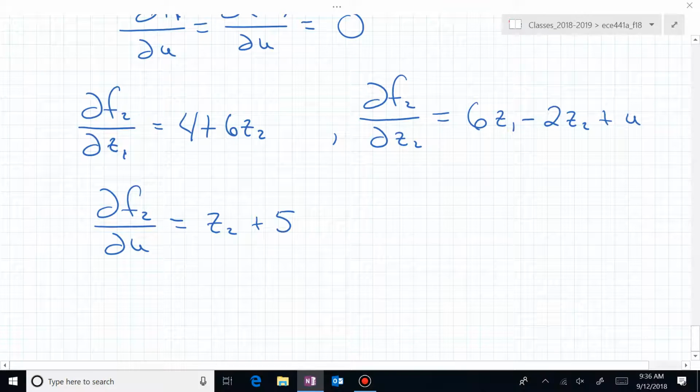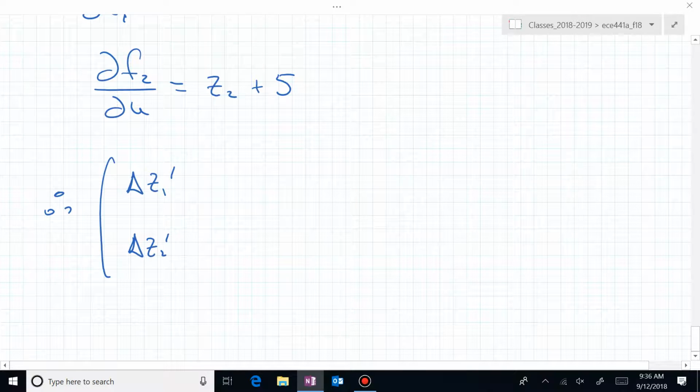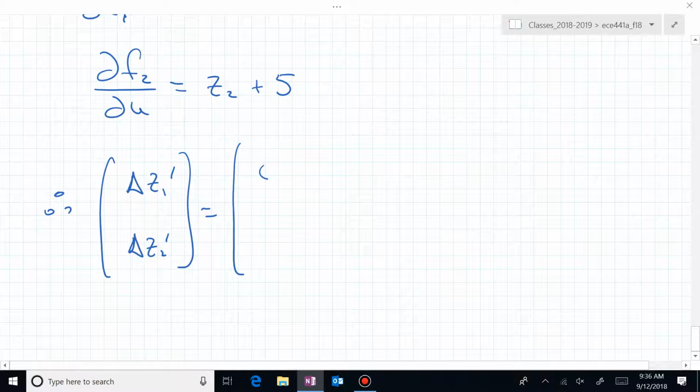So now if we plug all of those in, we now have our linearized dynamics around that nominal point. 0, 1, 4, 0.